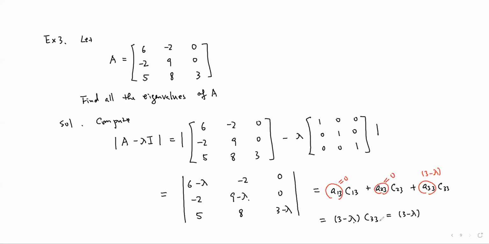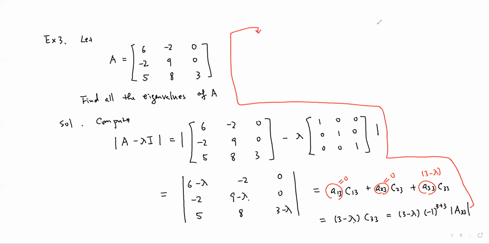What is C33? We have a formula for C33: negative 1 to the 3 plus 3, times the determinant of capital A33, where capital A is a matrix. Let me continue my solution here. Then we have 3 minus lambda, negative 1 to the 6, positive 1.